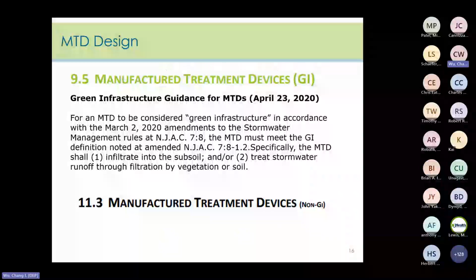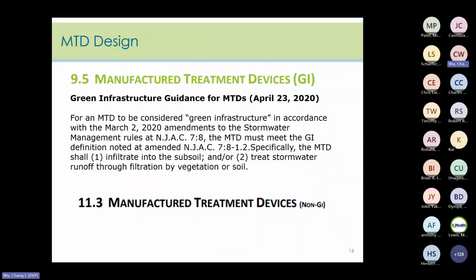And furthermore, for the below ground device, we need to meet the NJDEP BMP manual conditions, and that the volume of the infiltration has to be at least the water quality design storm. And the soil below the MTD has to meet a tested infiltration rate of at least 1 inch per hour. And also need at least 2 feet separation from the seasonal high water table.